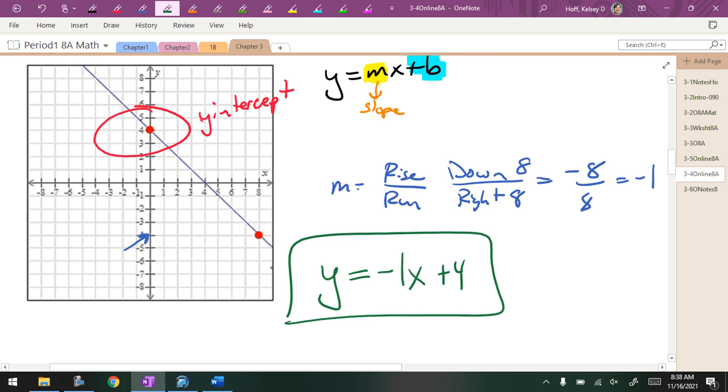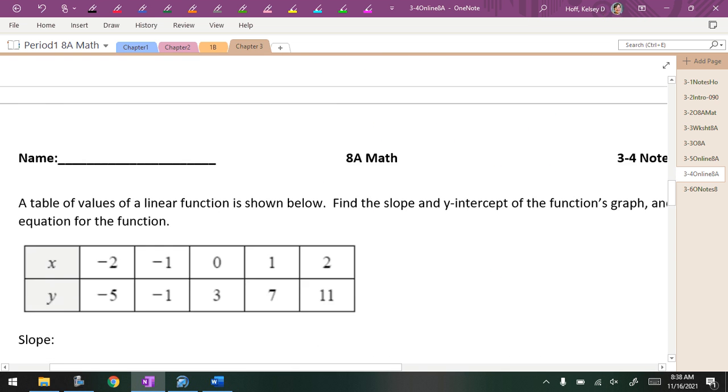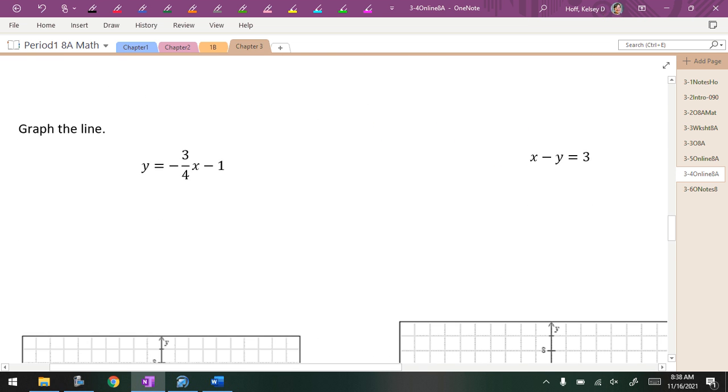Y equals mx plus b. You're always having a y, you always have an equal, you always have an x. You fill in the slope and the y-intercept. Okay? Flip it over. We're skipping the top one.